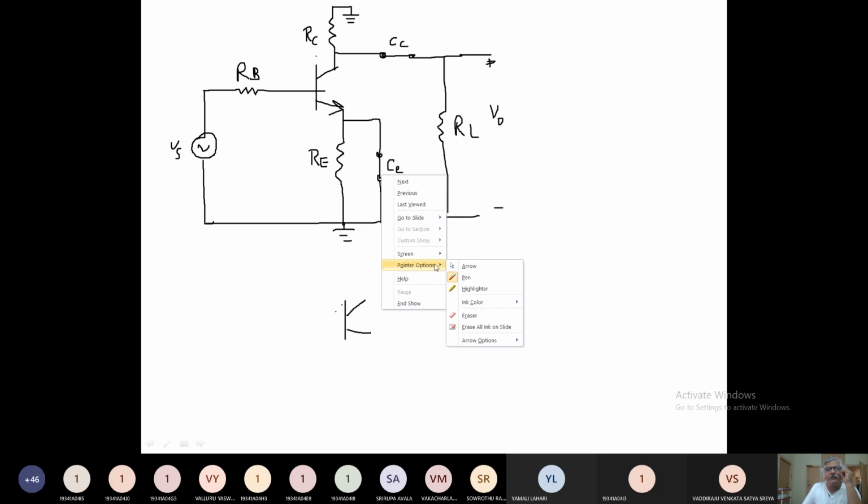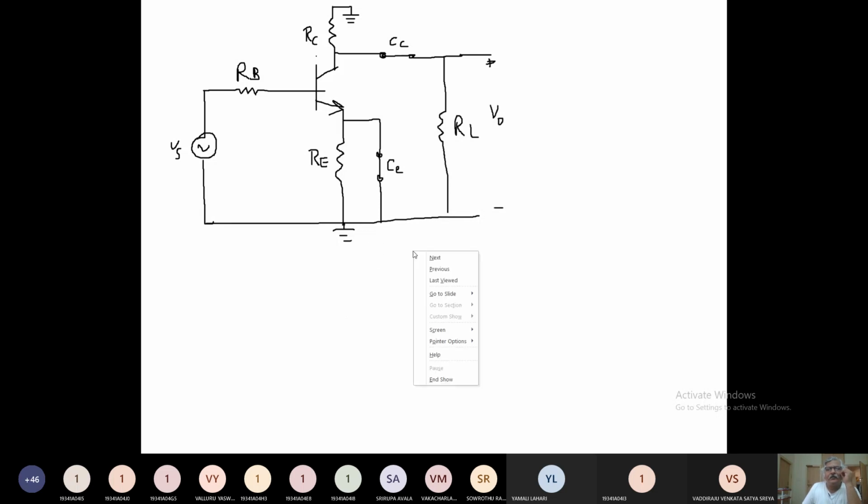Or I will do one thing. So you can draw a new figure. Now in this new figure, we will remove the RE, right?